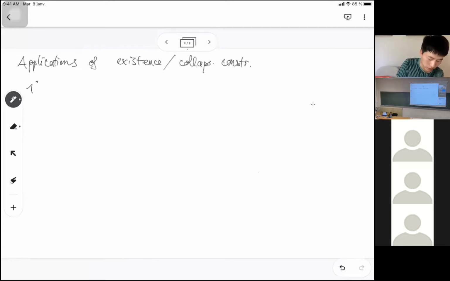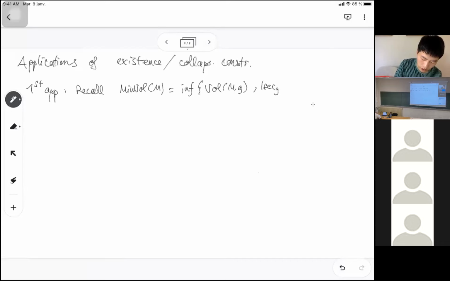I have two applications in mind. First, let's recall the definition of min vol and S min vol. The min vol of a manifold is simply the infimum of the volume of M when the sectional curvature is bounded by 1, and the S min vol is very similar, but you first fix delta and take the infimum of the volume of the delta thick part.